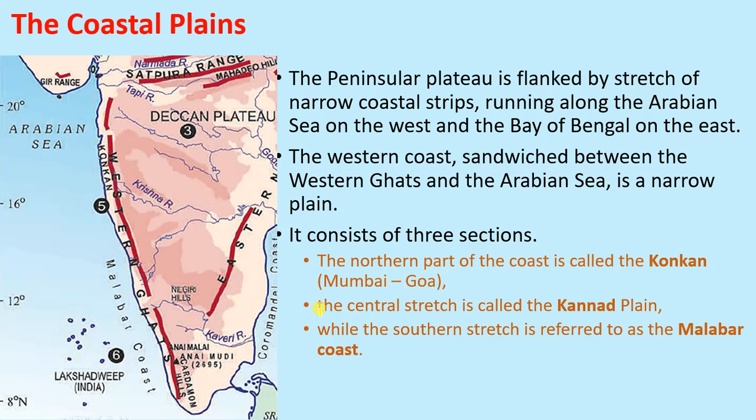Then the central stretch is the Kannada Plains. So the middle part is the Kannada plain, and the southern stretch is referred to as the Malabar coast. So this is the Malabar coast, whatever this area is.